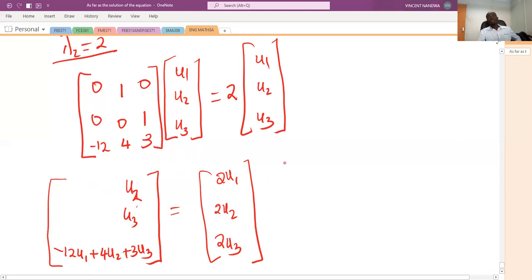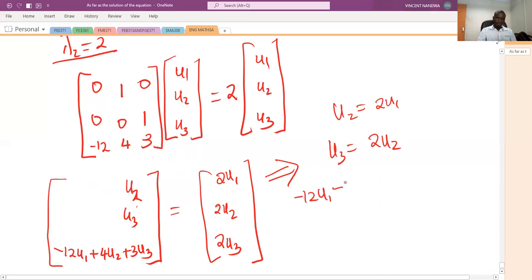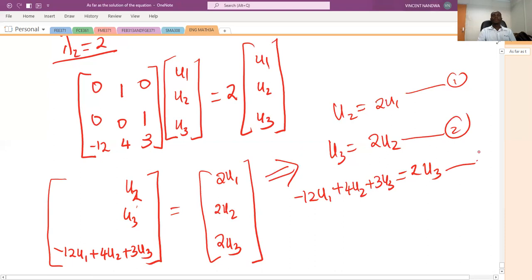And when you equate this matrix equation, it means u2 is 2 u1, u3 is 2 u2. Call this 1, call this 2, call this 3.